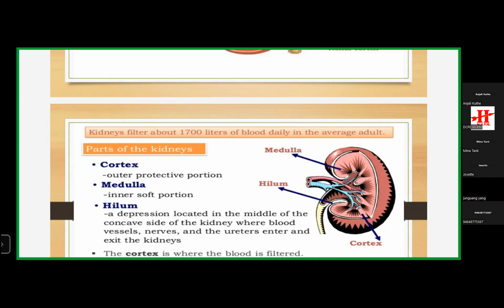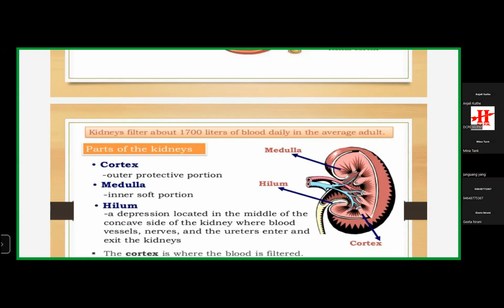A depressed part is located in the middle of the kidney. You have seen the structure of the bean, and the middle part is somewhat concave, having a depression, and that depression is known as the hilum of the kidney.